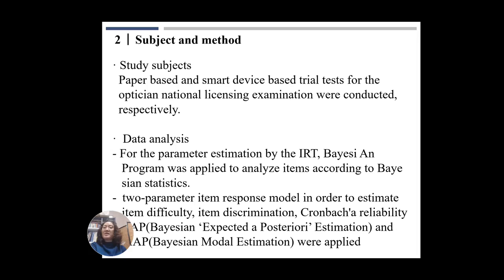Therefore, based on the IRT, this study calculated and compared the item difficulty and item discrimination of the items in the paper-based and smart device-based trial tests for the Optician National Licensing Examination.